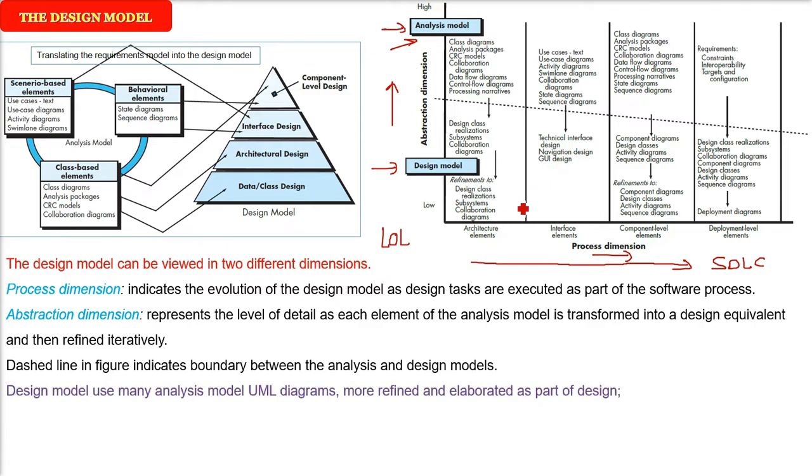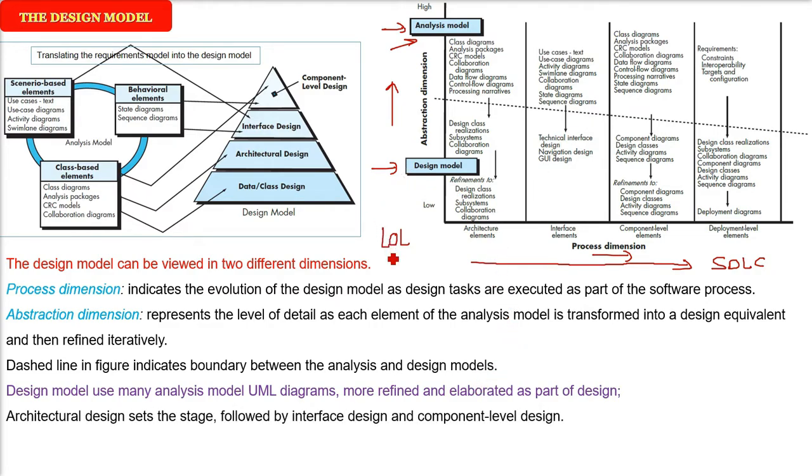The design model uses various analysis models, that is, the analysis model UML diagrams. And in the design model, these UML diagrams of the analysis models are more refined, more elaborated. They are given more substance as a part of design. So architectural design, first of all, sets the stage. It starts everything.